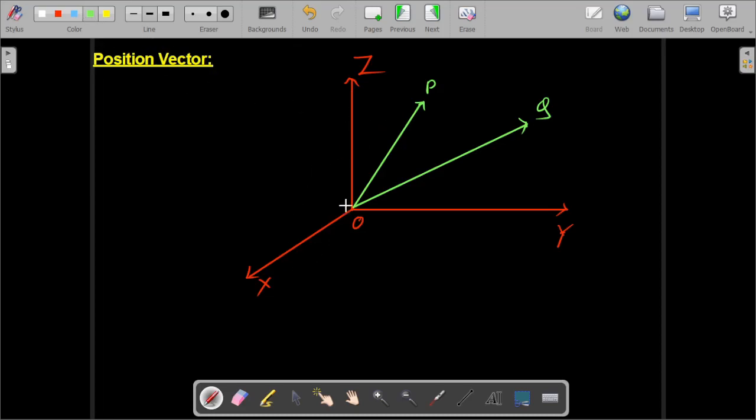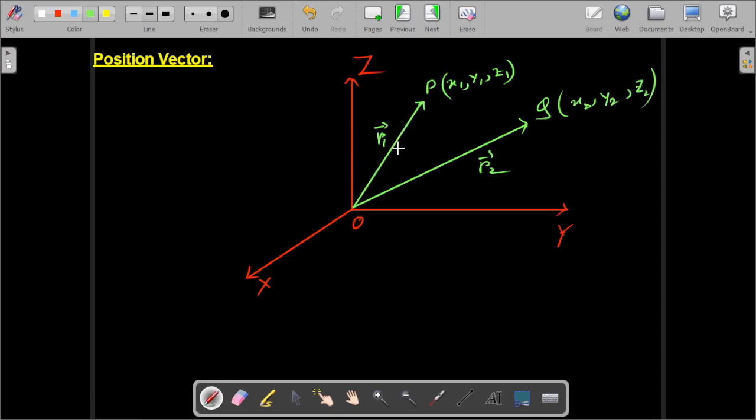Suppose this is r1 and this is r2, and the coordinates of this are x1, y1, z1, and this is x2, y2, z2.